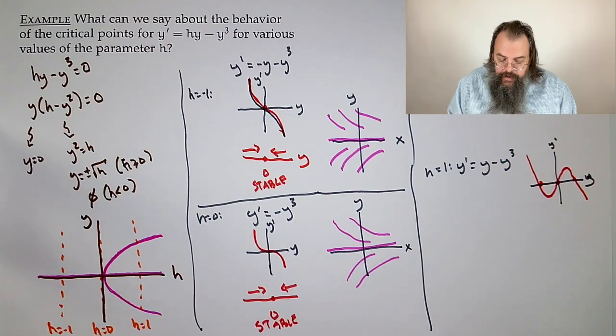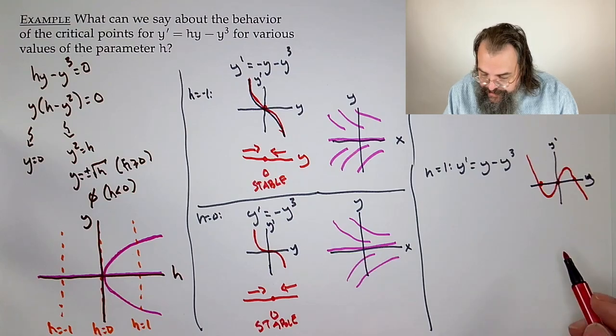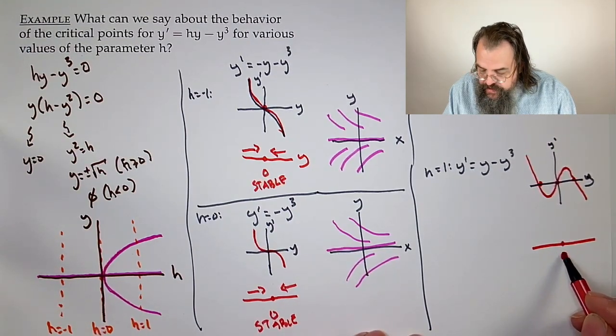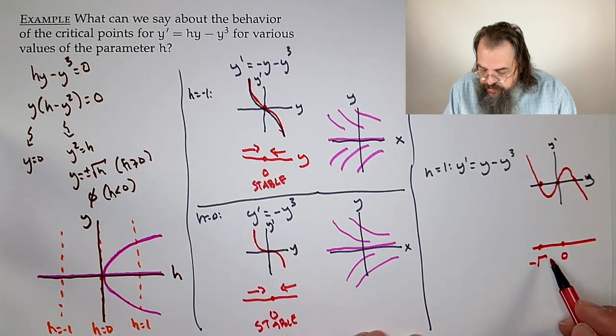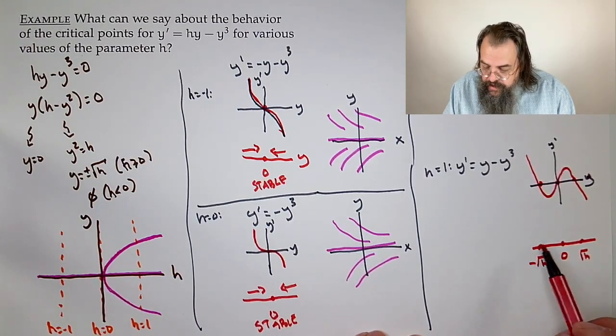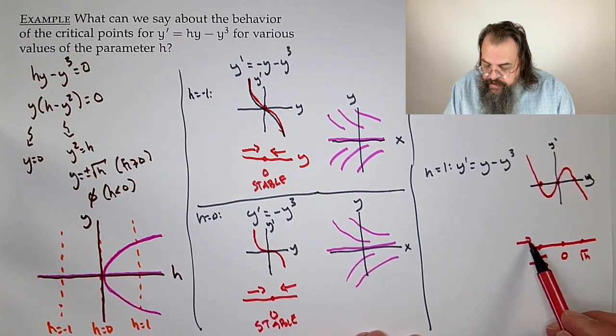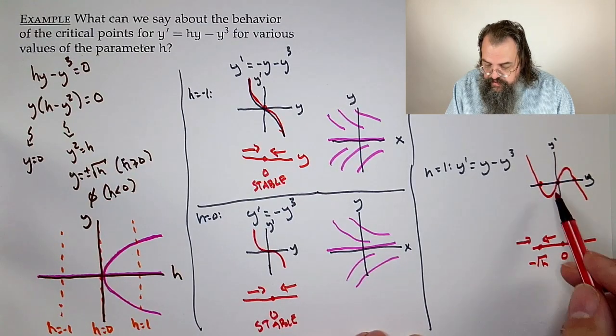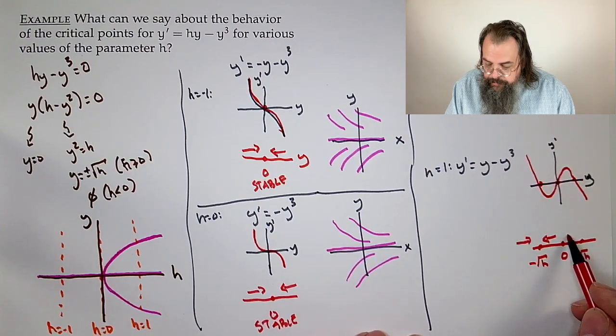All right, time for our phase diagram. Our roots are 0, minus root h, and plus root h. And what do we see? We're moving up because we have positive, then moving down because it's negative. Moving up, positive. Moving down, negative.